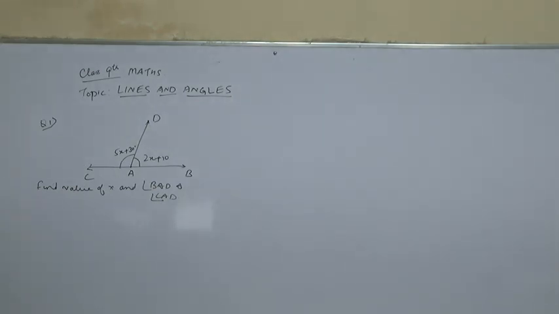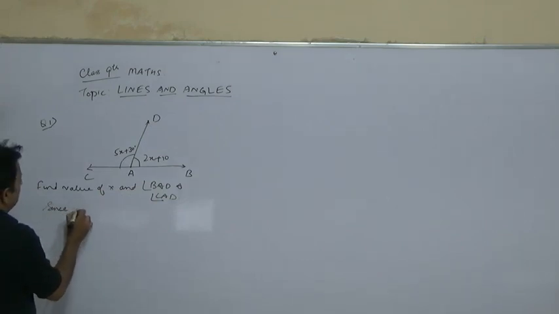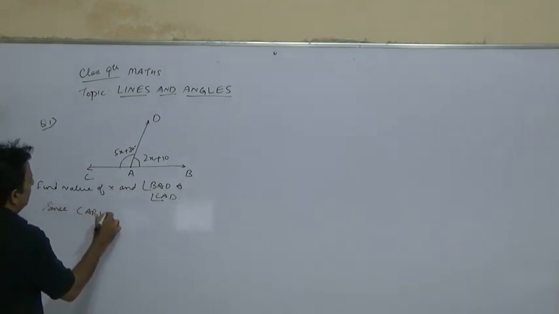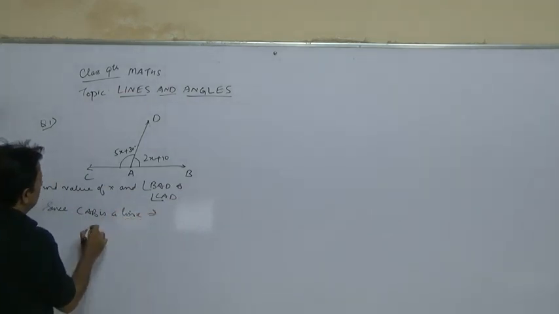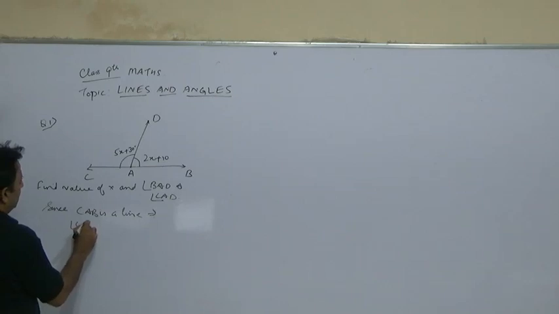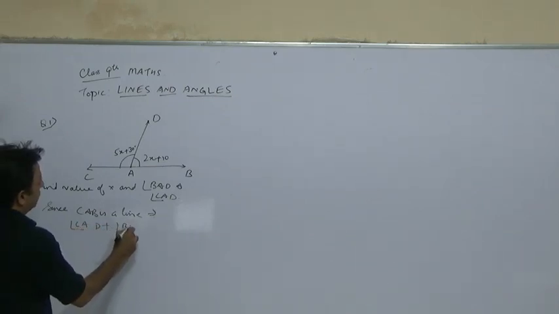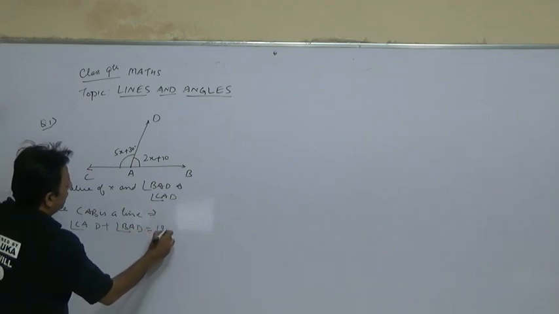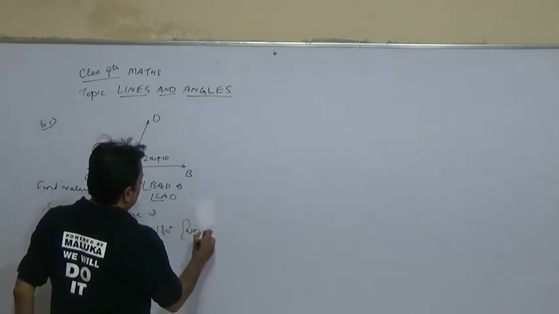Since we have seen that BAD and CAD form a linear pair of angles, since they are on a straight line, since CAB is a line, it implies that angle CAD plus angle BAD is equal to 180 degree, since this forms the linear pair.